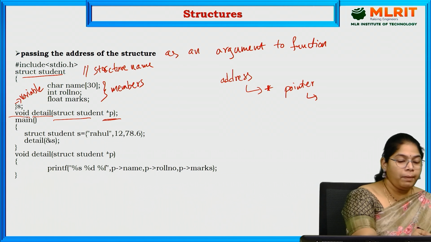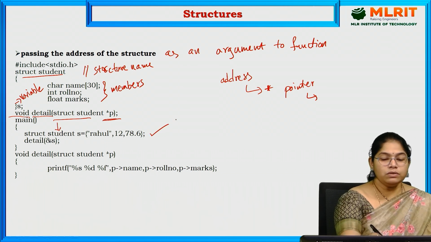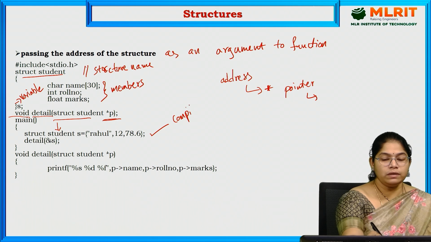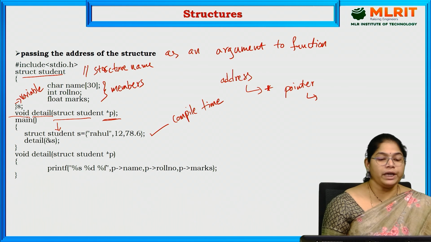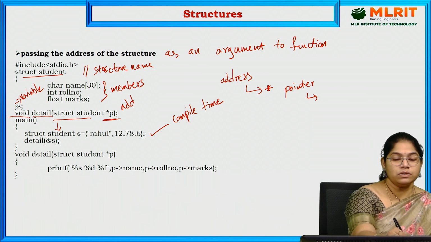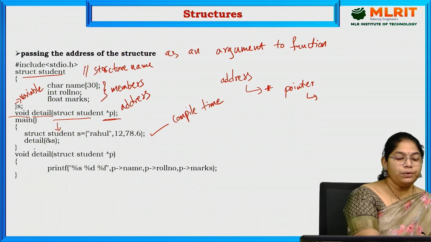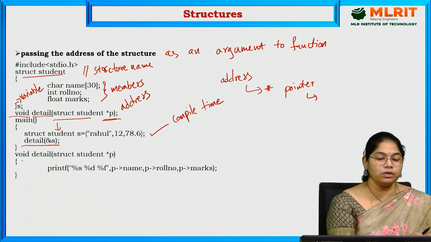Then in main, I provided the values, so it is a compile time initialization. Then here the argument is the address. That means I am passing the address as an argument in the function call. If you observe, the function call syntax is the function name and list of arguments.